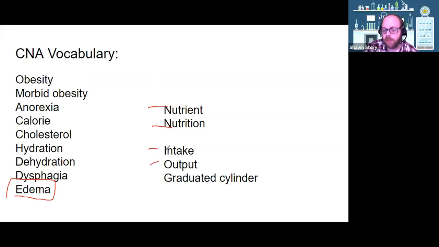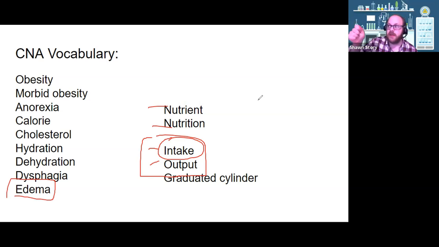Intake and output are important words, especially in the field of CNA, because when we're looking at nutrition, when we're looking at diets, as CNAs, you're constantly measuring the intake. So how much are patients taking in? How many milliliters of juice are they taking in? How many cups of soup? What are all of the liquids?